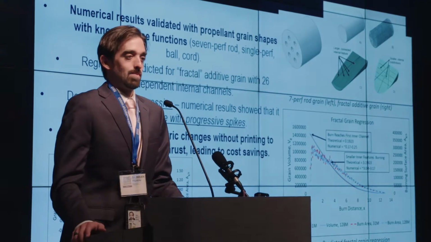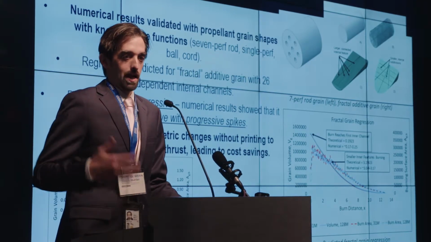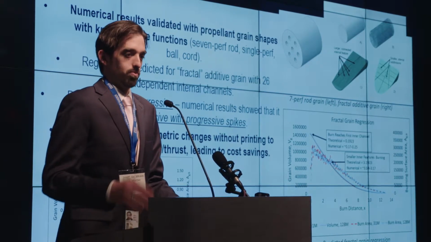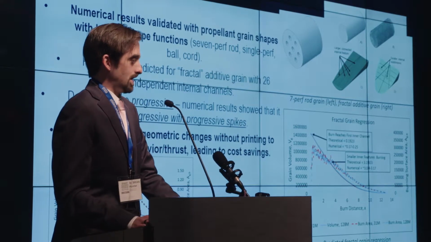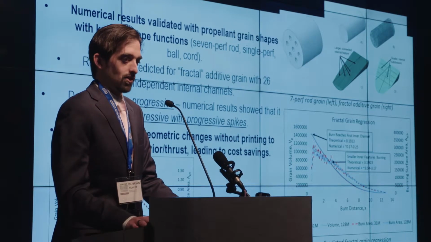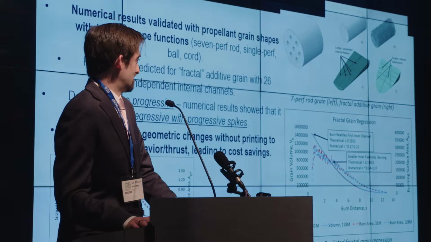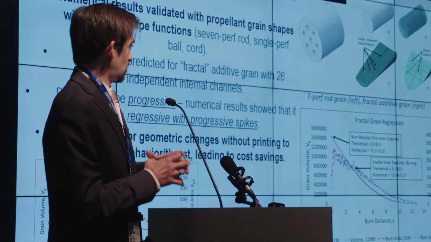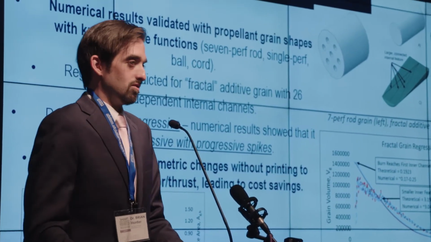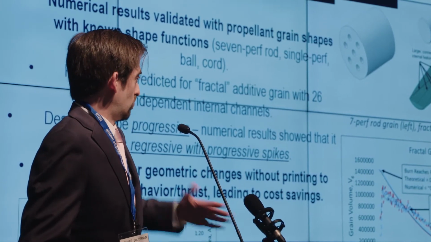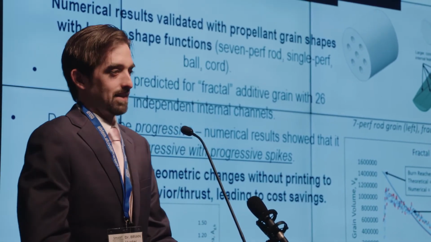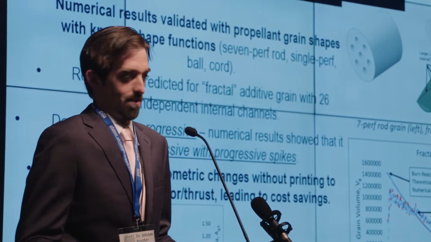The really cool thing, though, is we were able to apply this to an additively manufactured prototype grain, which our EMAP program lovingly calls the Fractal Grain, because it is a cylindrical grain made up of a bunch of channels lengthwise that basically resemble a fractal pattern.